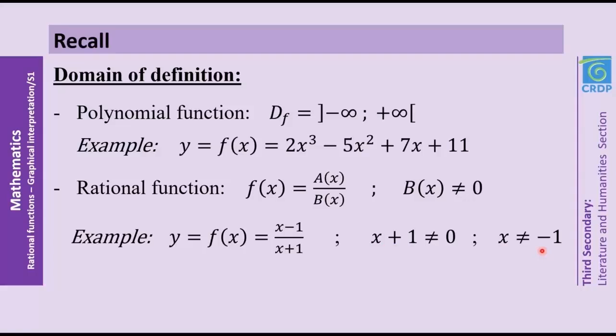So the domain of definition for this rational function are all the possible values for x except minus 1. We write the domain of definition as from minus infinity to minus 1 with open intervals on both sides, union from minus 1 to plus infinity with open intervals on both sides.